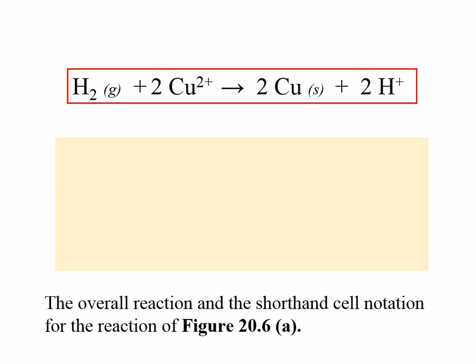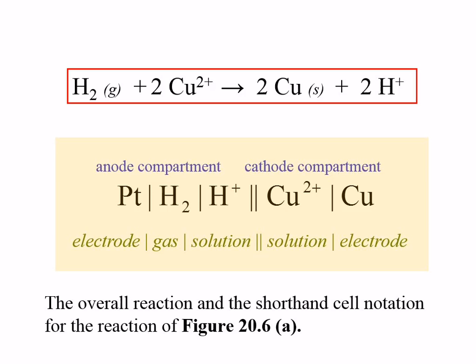So this is the chemistry going on for what you saw a minute ago with the copper being reduced. This is a little bit extra where we have the standard hydrogen electrode, because now we have to show the Pt, that's the platinum surface for the oxidation reduction to happen.